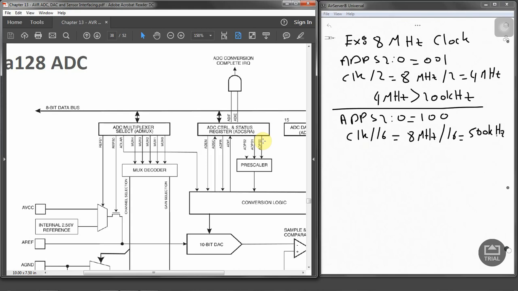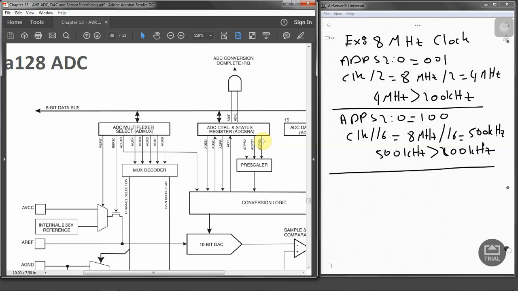Still, it's not valid because 500 kilohertz is greater than 200 kilohertz. So we cannot use that prescaling.